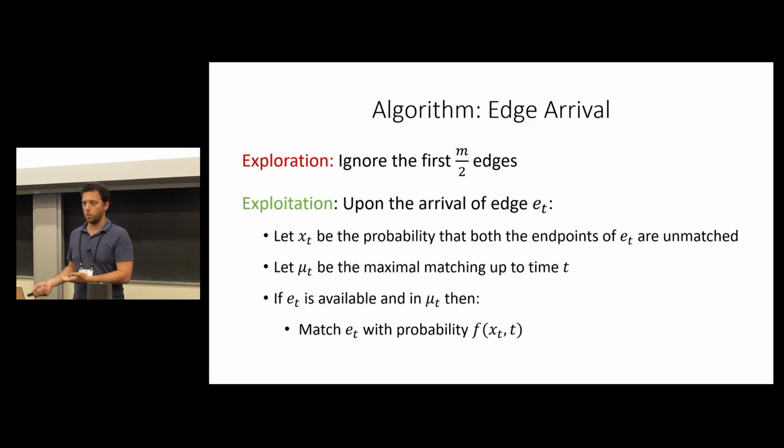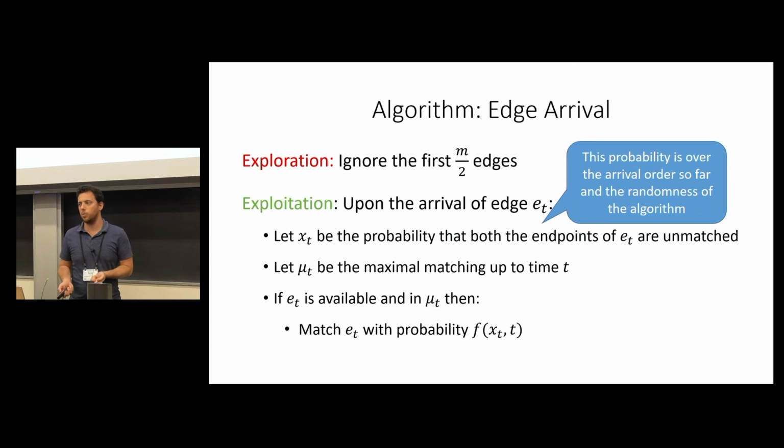We do need a perturbing, but not the adding the edges. So in the exploitation phase, what we do is we first calculate xt to be the probability that both endpoints of et are unmatched at this time. Now, this probability is taken over both the randomness of the arrival order so far and also the randomness of the algorithm.